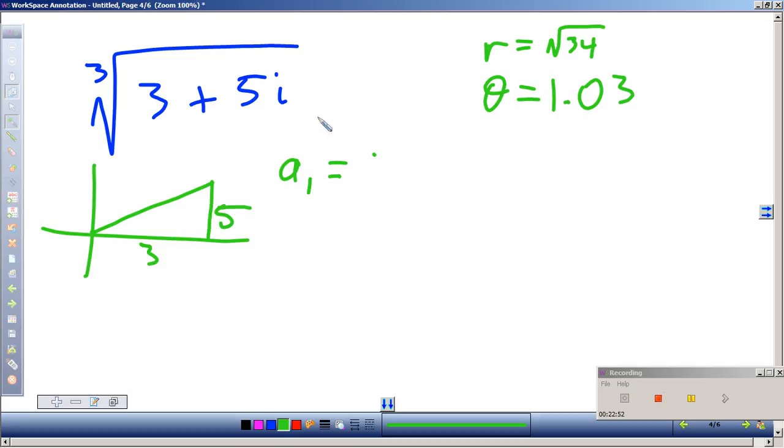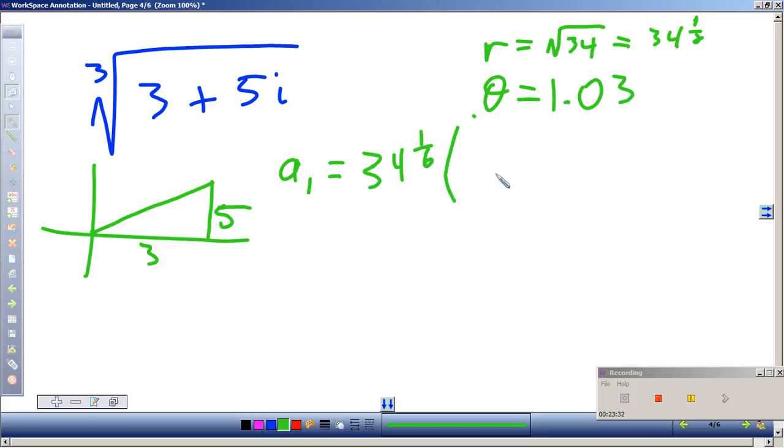Yeah, raising to the 1/3. So this is 34 to the 1/2, and we're raising it to 1/3, so what are we going to end up with? 34 to the 1/2 to the 1/3, so 1/6. So this is going to be 34 to the 1/6. That's doing the cube root of the square root.